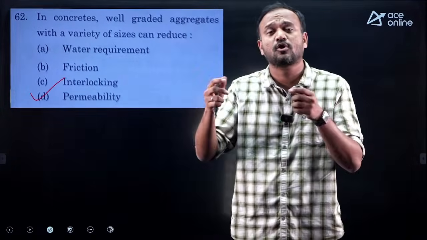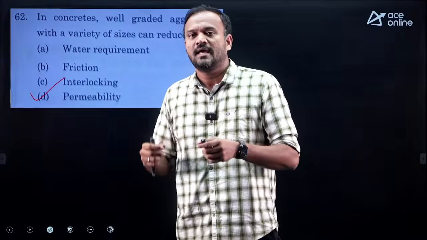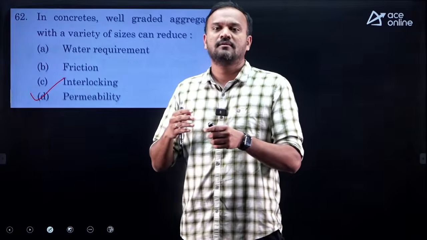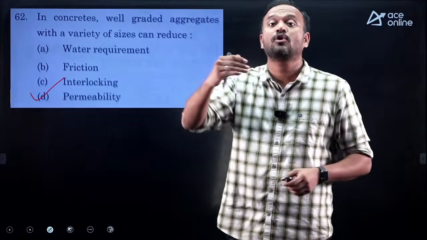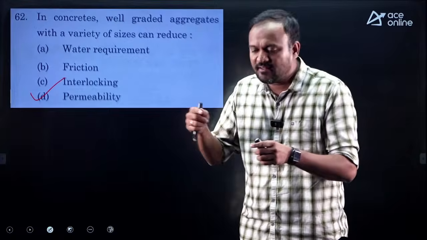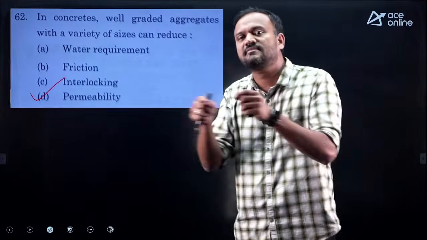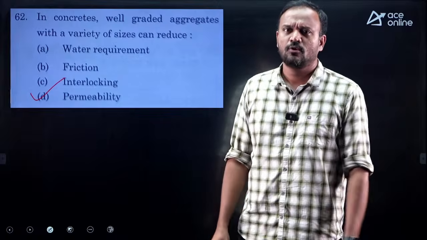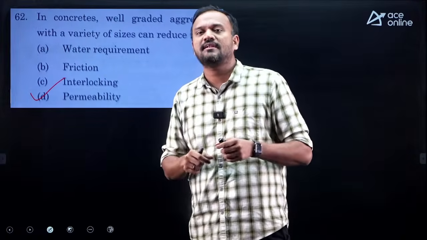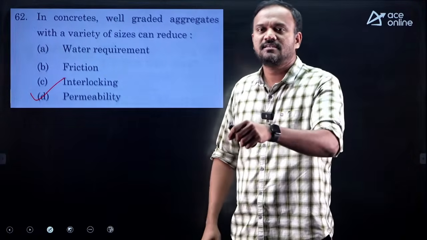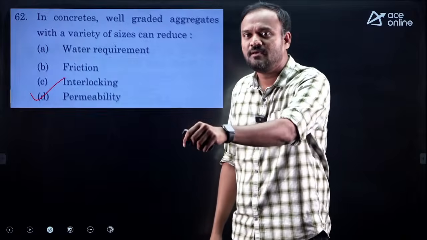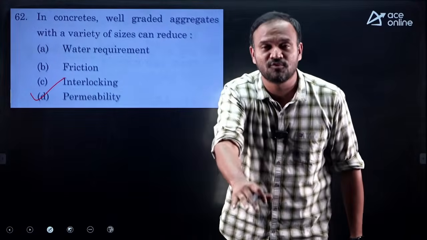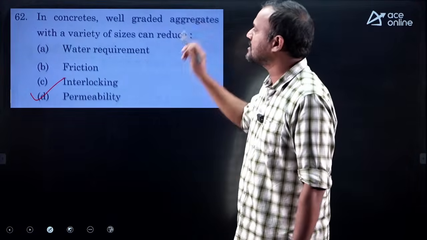If your concrete is compact, the channel for water is longer. As the water or chemical or any substance has to maneuver through different sizes of aggregates, the maneuvering is difficult and the channel is lengthy, so permeability is reduced if you are using well graded aggregates.